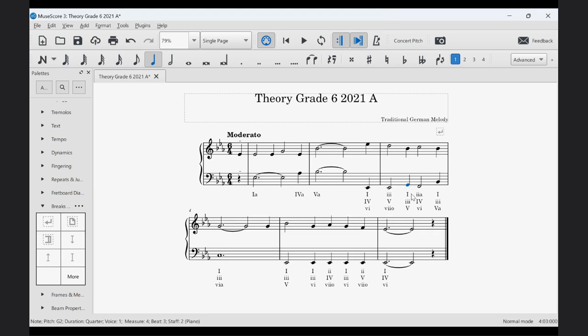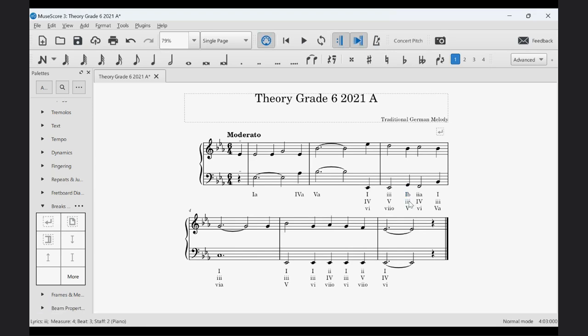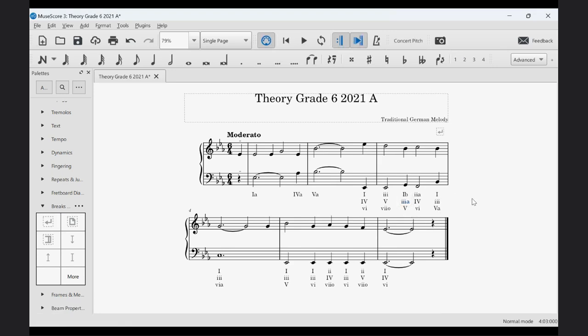So if we have a G bass, it means that we are using a chord 1B, chord 3. If we're using a G bass, it will be a 3A, and chord 5 doesn't have a G bass. So these are the options. We can go from a 1B to a 2A.